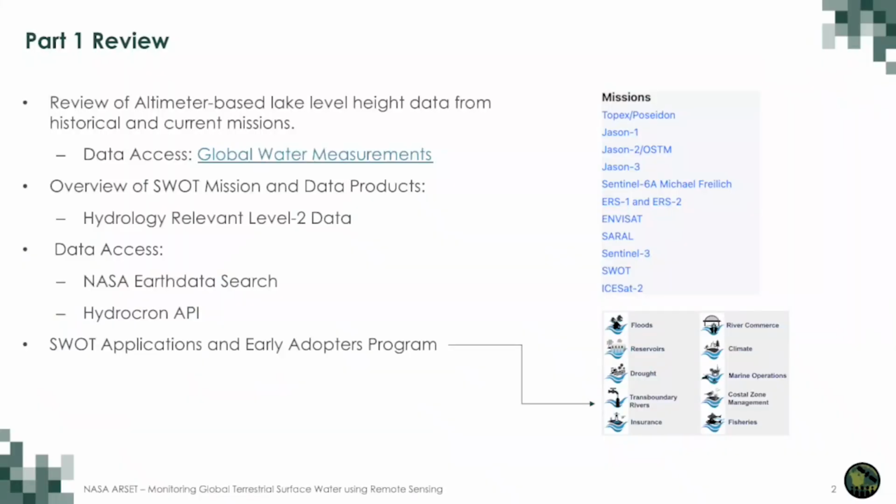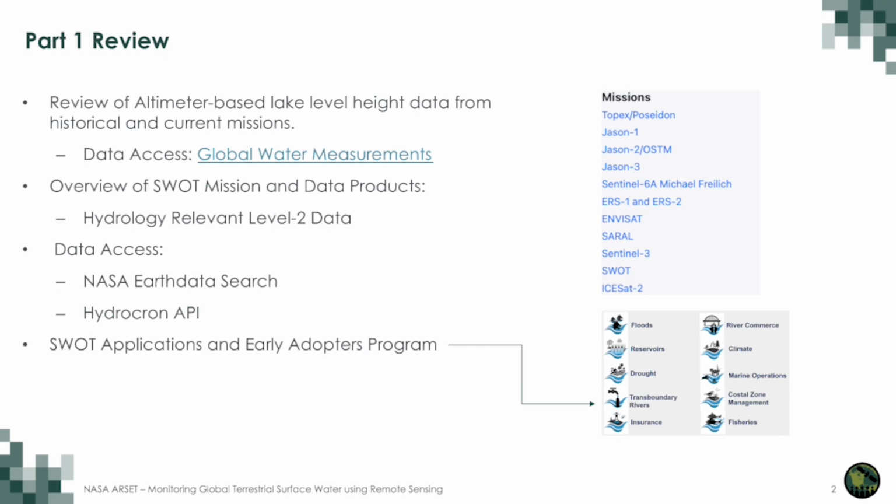The following slide provides a review of what was covered in part 1 of the training. We provided a review of altimeter-based lake level height data from historical and current missions, along with data access via the Global Water Measurements Portal, an online source for satellite data products relevant to lakes, reservoirs, river channels, wetlands, and global mean sea level.